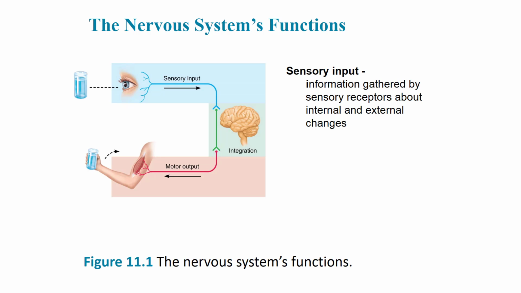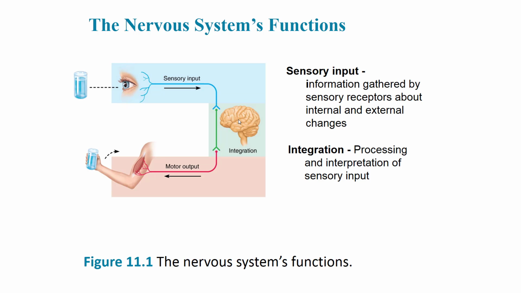The first one is the sensory input. This is the information gathered by sensory receptors about internal and external changes. And right here, your receptor, which will be your eyes, will be receiving signals from this object right here. You are looking at this object, and it is gathered through the sensory neuron, and it's now going to get into the integrating center right here, which you can see is the central nervous system.